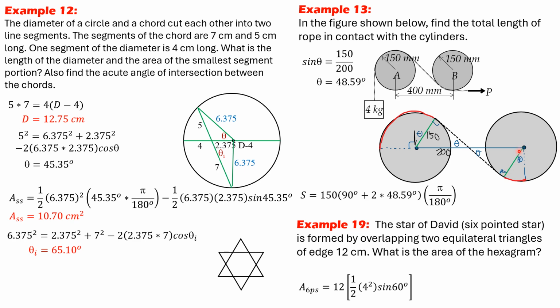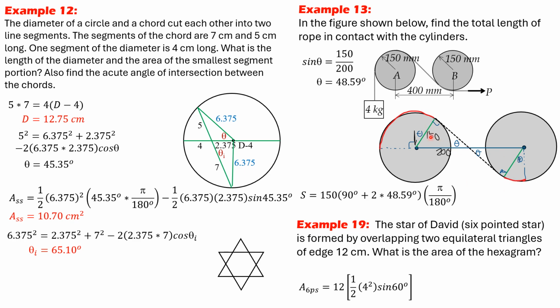Angle between vertical and perpendicular line to the surface, that's also theta. So therefore, the length of this portion in contact with the pulleys is equal to radius times central angle. The central angle is equal to 90 degrees plus theta plus theta. So 90 degrees plus 2 theta, but we have to convert that to radians.